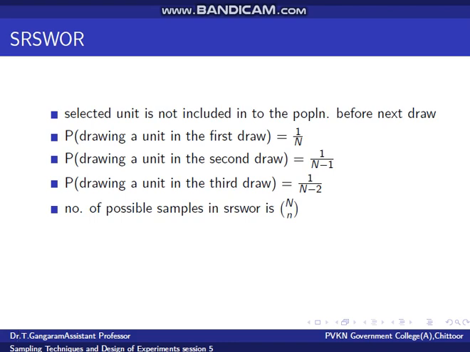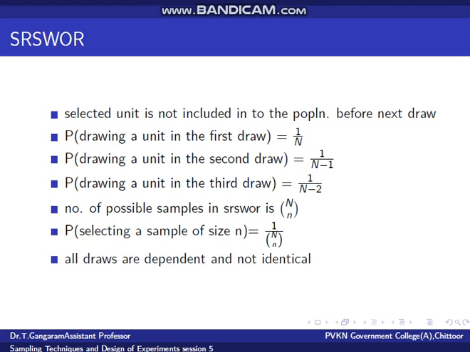The total number of possible samples in simple random sampling without replacement is NCn, and the probability of selecting a sample of size n is equal to 1 by NCn. In this method, all draws are dependent. The second draw is dependent on the first draw, and the events are not identical here.